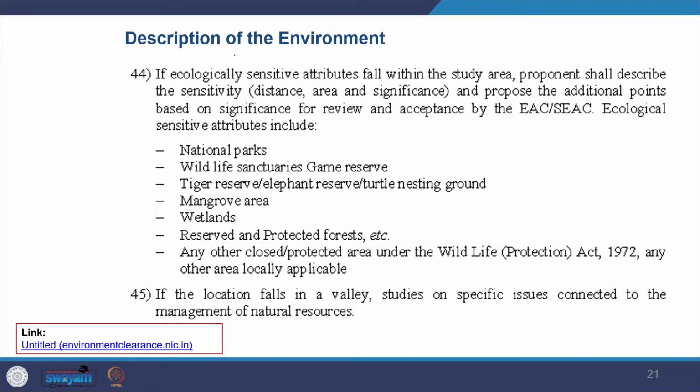So how do you really find out ecologically sensitive areas? The nation might already have identified a list of national parks, wildlife sanctuaries, then you have tiger reserves, elephant reserves, turtle nesting grounds. Then you have mangroves, wetlands, reserved and protected forests, wildlife protected areas.